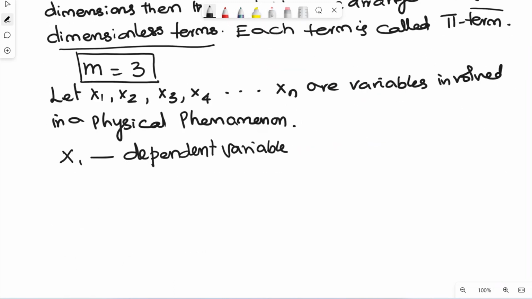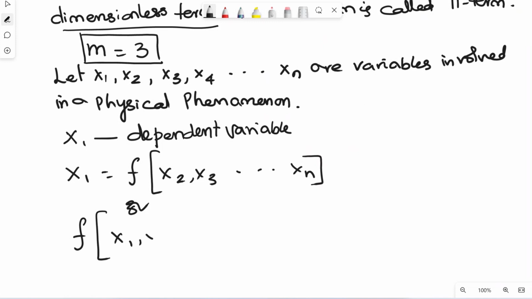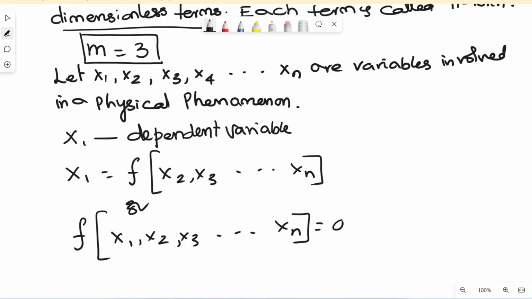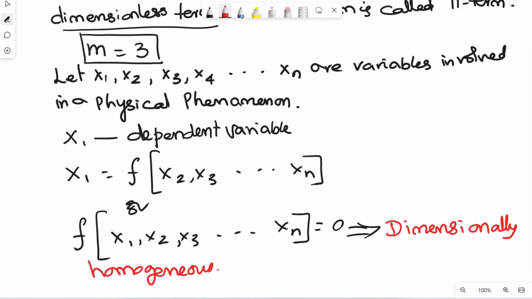So we can write this problem as x1 is a function of x2, x3, and so on up to xn. Or in other words, the same thing can be written as a function of x1, x2, x3, up to xn equals 0. This equation is dimensionally homogeneous.